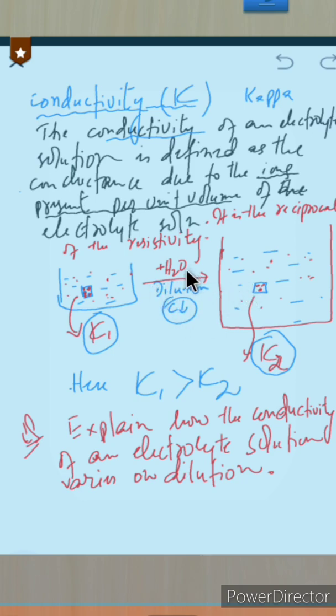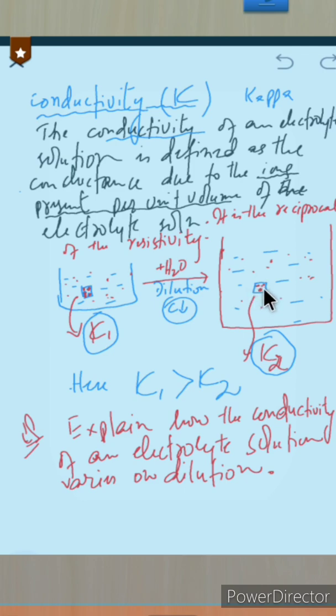Now suppose water is added to this electrolyte solution, then its volume will be increased. The number of ions present per unit volume, the same unit volume, will be less, since the volume is large.